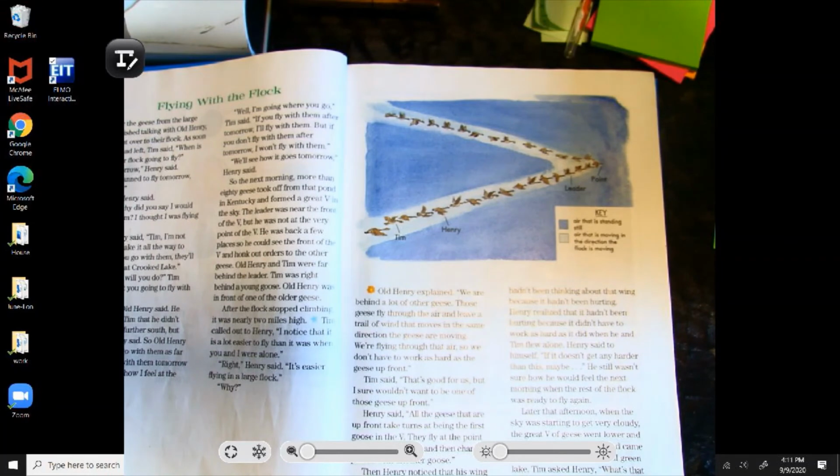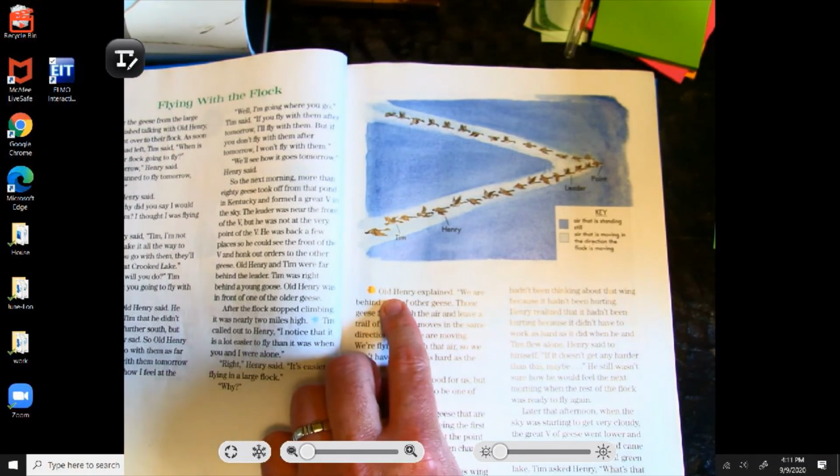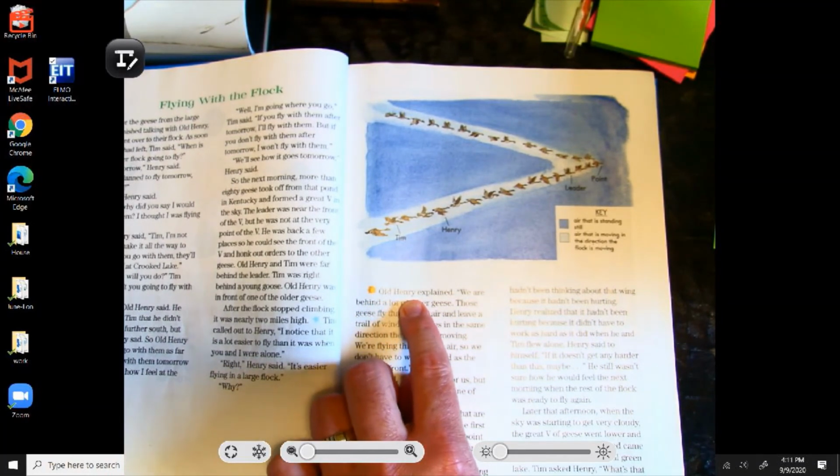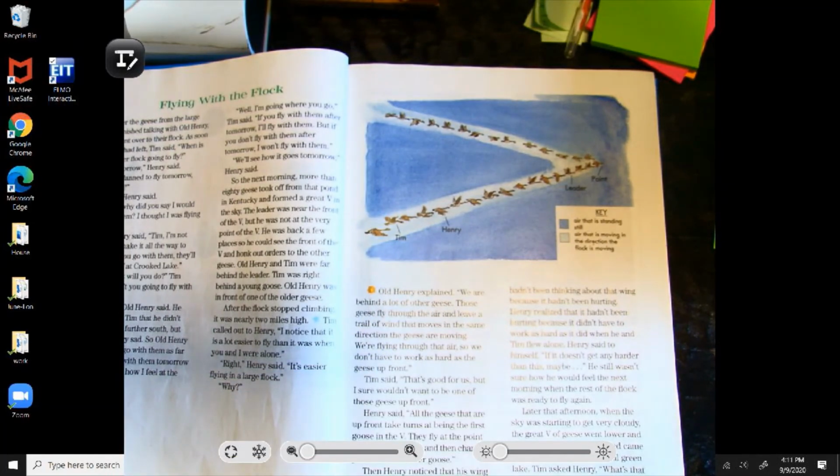"Why?" Old Henry explained. "We are behind a lot of other geese. Those geese fly through the air and leave a trail of wind that moves in the same direction the geese are moving. We're flying through that air, so we don't have to work as hard as the geese up front."